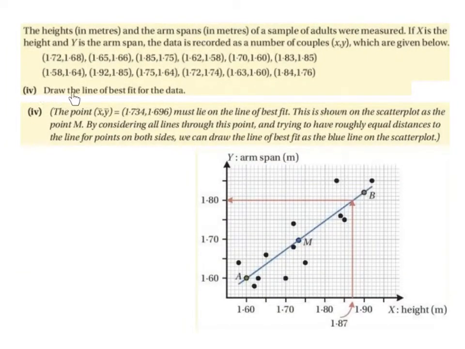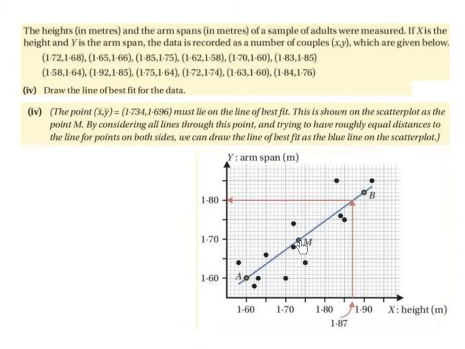Part 4. Draw the line of best fit for the data. To draw a very accurate line of best fit, you have to include the point x bar, y bar, which is the mean of x and the mean of y. We worked this out in part 3 to be 1.734 for the x and 1.696 for the y. So we go across to 1.734 on the x-axis, which is about here, and we go up to 1.696 on the y-axis, which is about here.